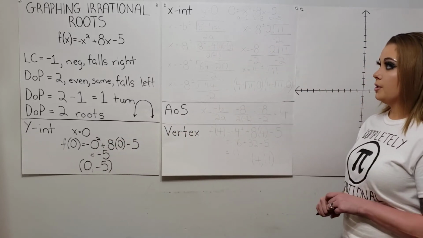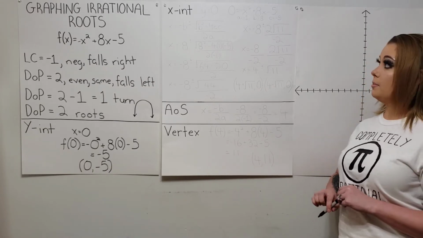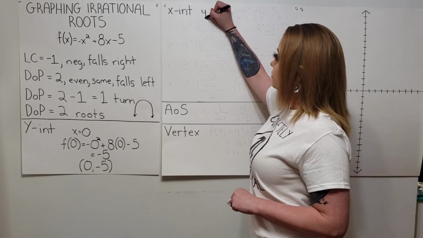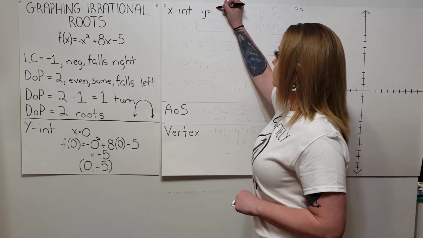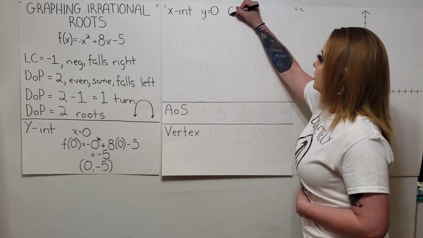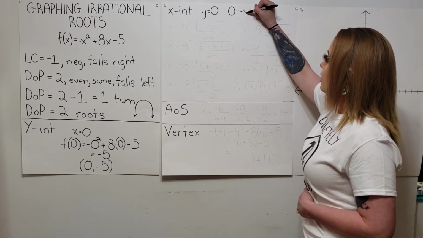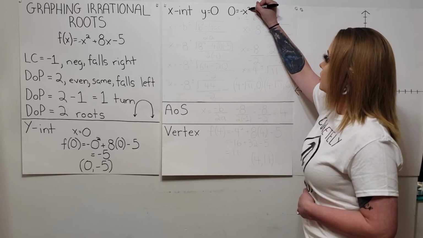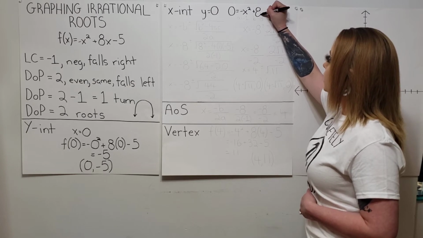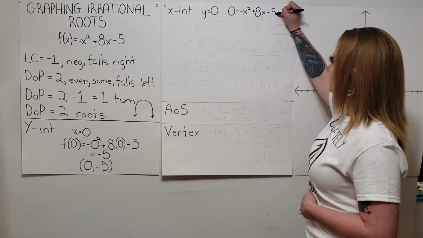The third thing we're going to do is find our x-intercepts. To find our x-intercepts, we change our y to 0. So we have 0 equals -x squared plus 8x minus 5.